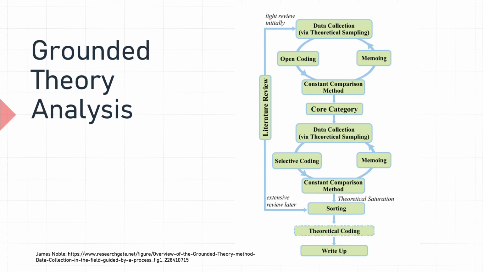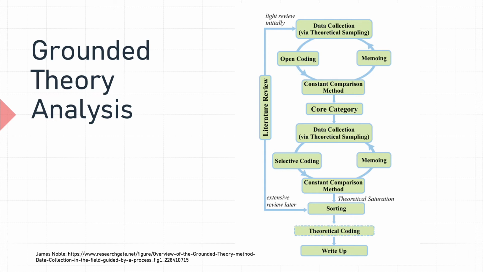And then they walk through the process of open coding and memoing. Open coding is the first step of the analysis, and it starts by collating any of the key points of data that have been collected. And you are always doing this constant comparison.